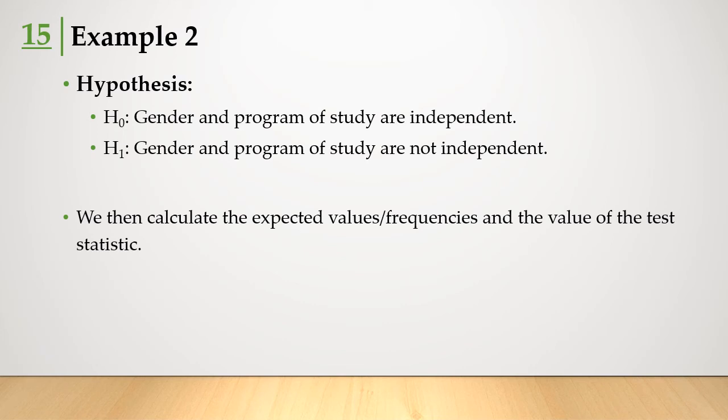The null says gender and program of study are independent, and the alternative says gender and program of study are not independent. So the first one says they don't have a relation, the second one says they do have a relation. Let's go ahead and do the calculation and see whether we can go with the first hypothesis or we have to go with the second. Definitely, we will have to choose one.